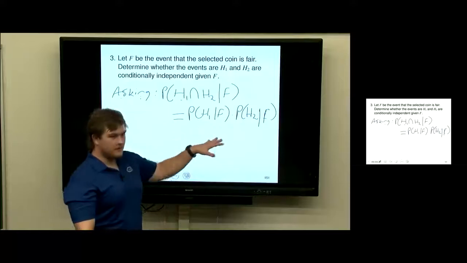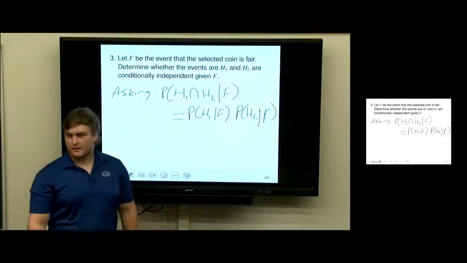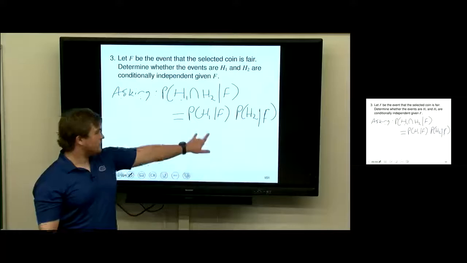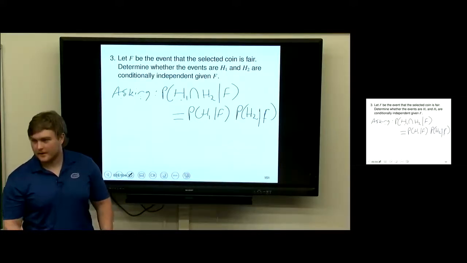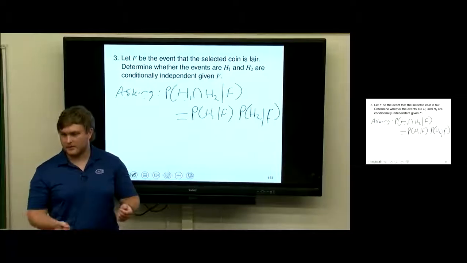So what are these probabilities? You tell me. What are these two probabilities? Probability of H1 given F. So I have a fair coin. What's the probability of H1?